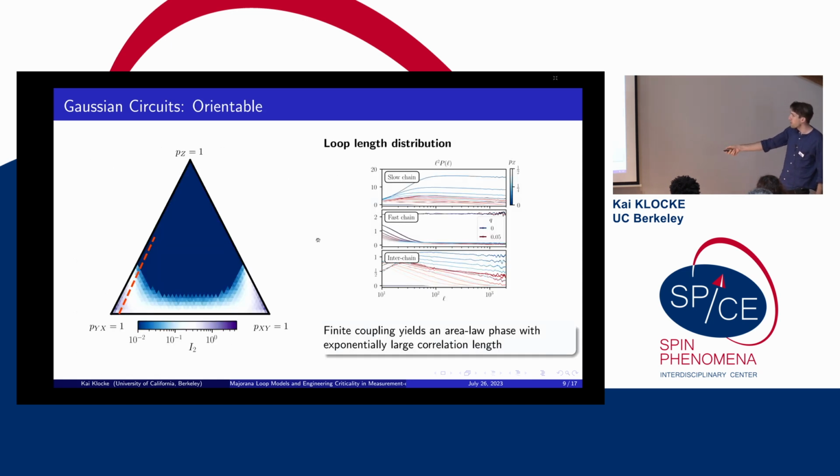And as soon as I turn on that interchain coupling, I kill this critical point and I go into an area law phase. But what's rather funny here is that this area law phase has an exponentially large correlation length. So if you're doing some experiment and you have fewer than, say, 10,000 qubits, you're going to think it looks fairly critical. And you can even tune how critical it should look in some sense.